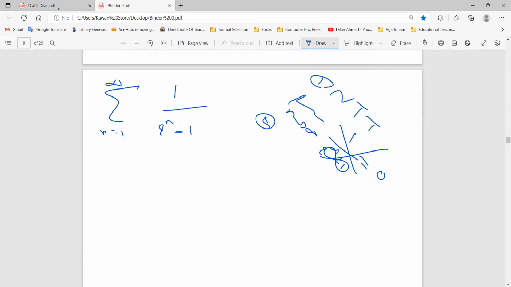But if I put n equal 1, I'll get 2 minus 1, which is 1. How about the second? If I put 2, I get 4 minus 1, 3. How about the other one? 8 minus 1, 7, right? So there is no common ratio r. It is not geometric.